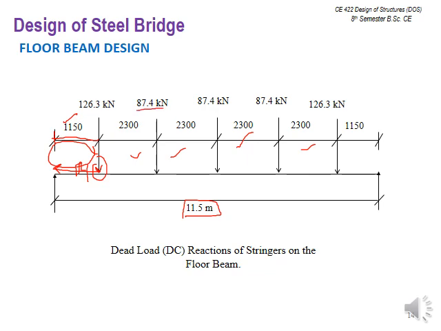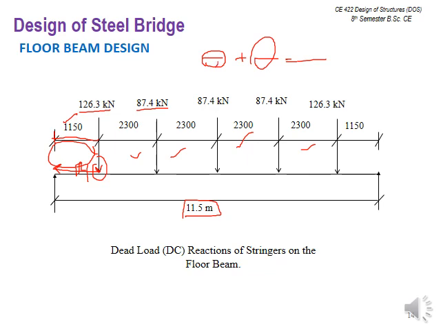Now what is this 87.4 and 126.3? I have told you, go to the previous slide, where for the calculation of the DC, the dead loads, you have been separating the DC part and DW part. As I have told you, this is not the total dead load. This is to calculate the total dead load. Just distribute your equation into 2 terms, one DC and one DW.